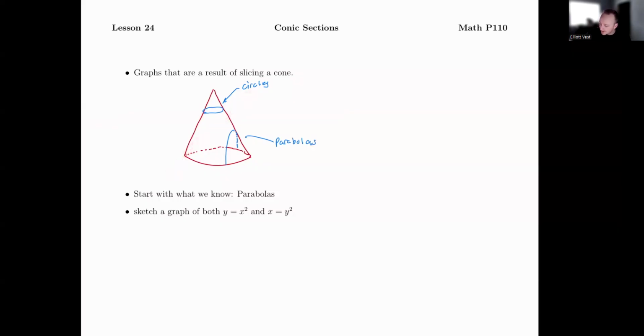If I slice diagonally, then the resulting shape, when I look at my slice, will look more like what we call an ellipse. It looks like an oval, but we call them ellipses in math land. So that sort of visual is just fun to know about, right? Why are we calling all these things conic sections, even though they have their own separate names? Well, you take a cone and you slice it a specific way, you're going to end up getting all the shapes we're going to be graphing in this section here.